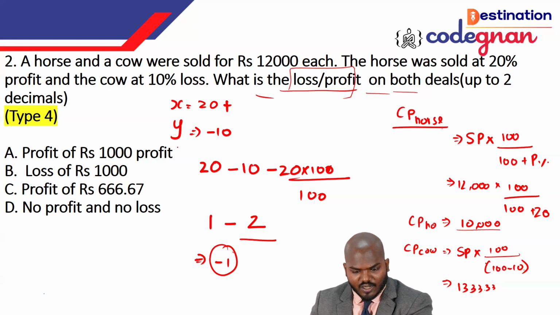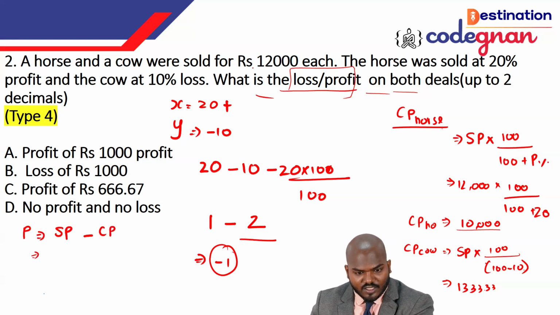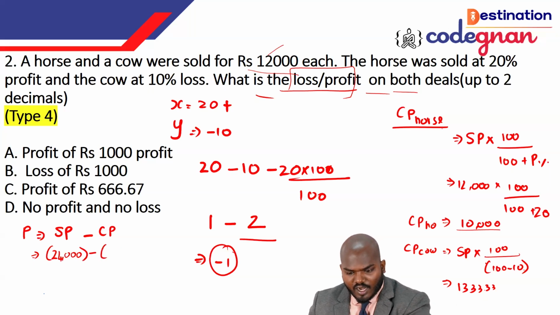So just take it out, guys. The profit we can call SP minus CP, we know that. SP, we can see we are using twice, so directly 24,000 rupees minus the cost price. The cost prices are one 10,000 and another 13,333 here.